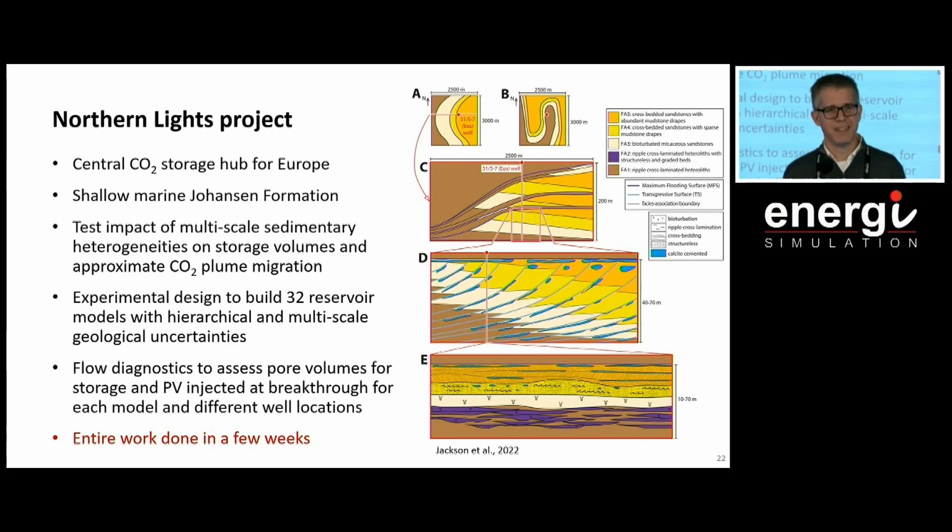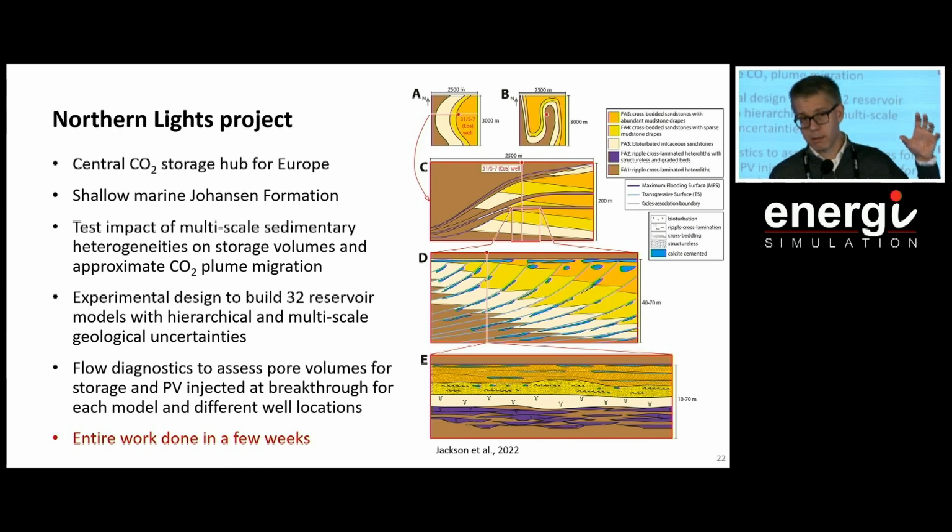That's what we're after. So what we've done, this was a master's student at Imperial College London. This is what really excites me: that master's student had never heard about the Northern Lights project, had never looked at the geology, had never used RRM, and within 7 weeks, he built the models, he analyzed the models, and got results that are worth a really nice publication. He reported all the results in a publication.